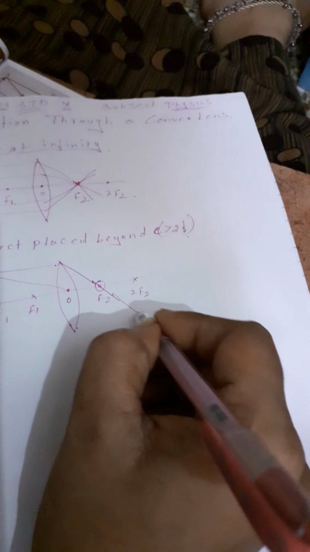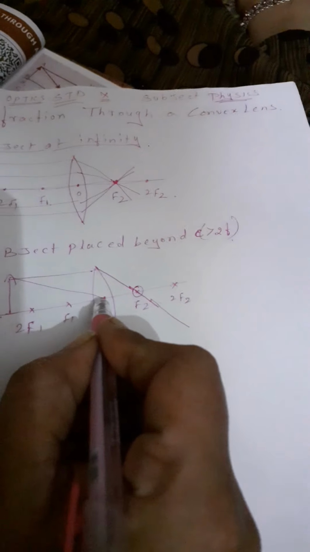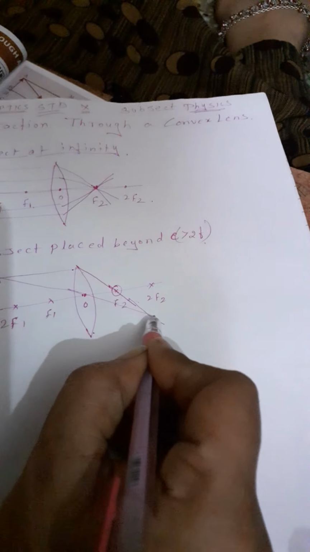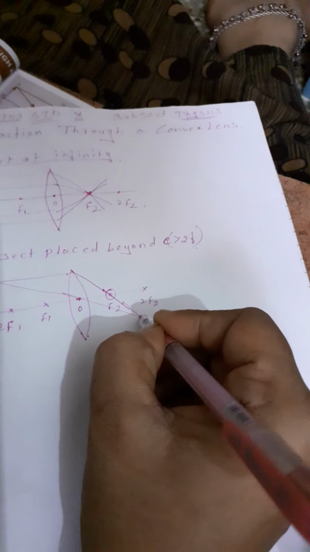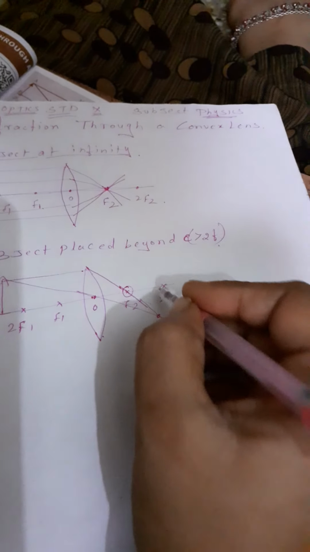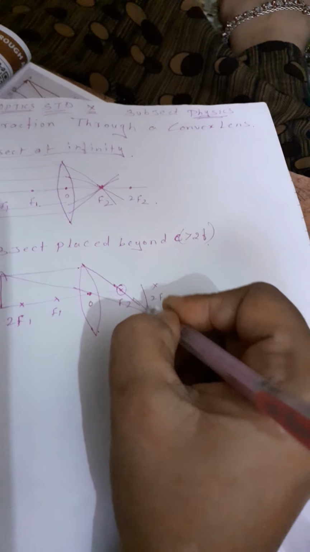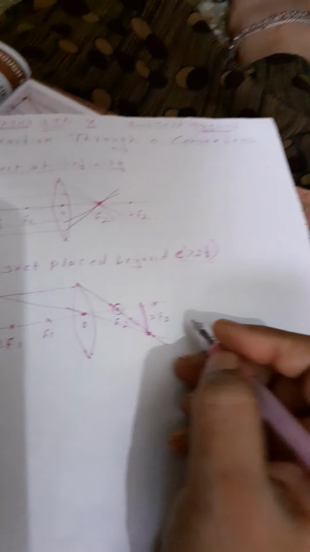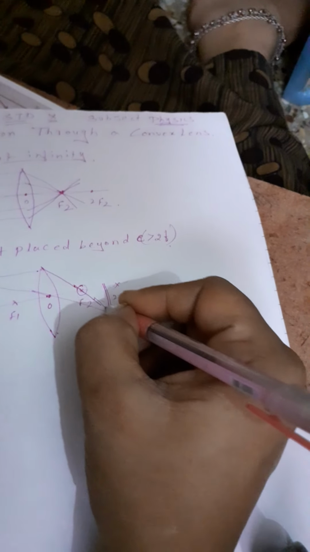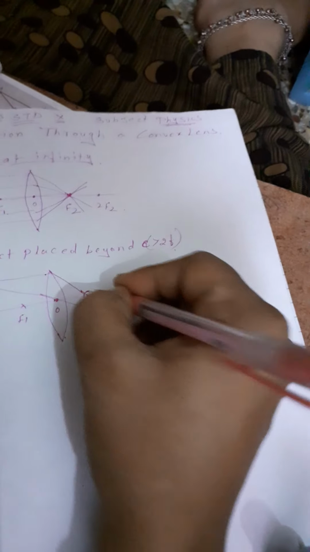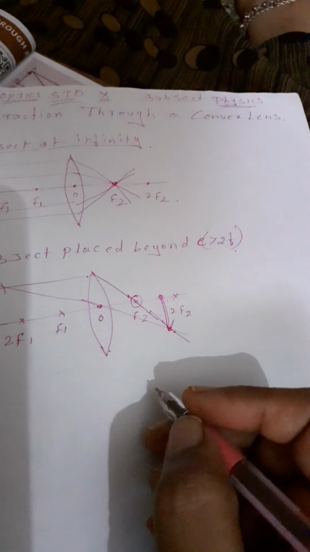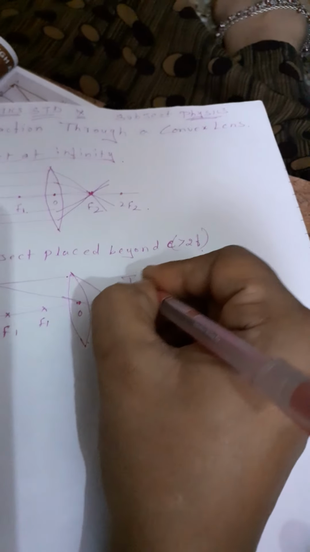The ray which is passing through the optic center won't deviate, and where these two rays meet, in between F and 2F, there you will get an image.